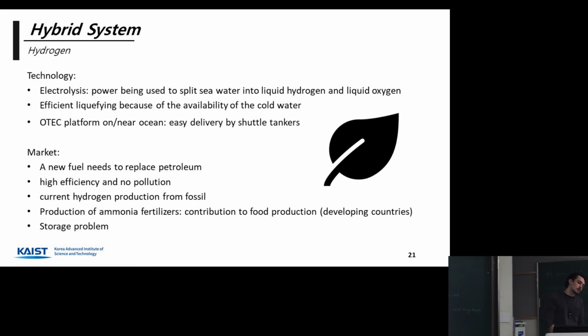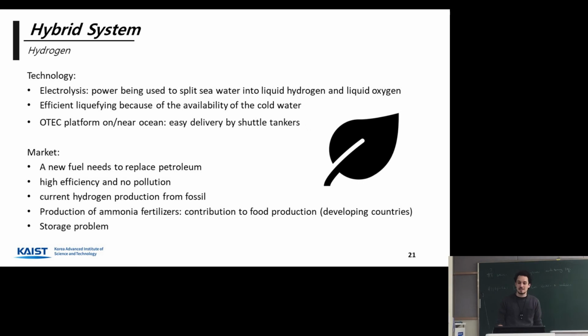And one big advantage of OTEC is that it already uses cold water, so it's easier to liquefy the hydrogen, and also oxygen if it's economic. But oxygen for now is much less economic than hydrogen. And also OTEC plants are located offshore or near the shore, which makes it really easy for shuttle tankers to go back and forth.